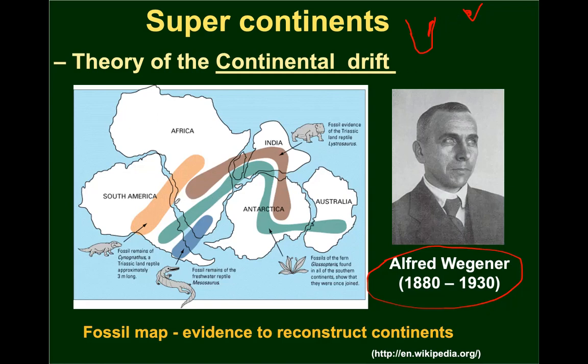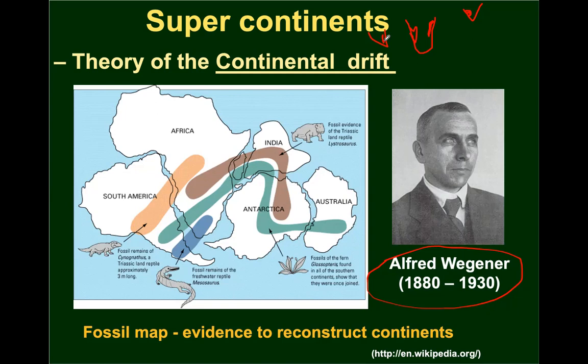And similar situations were there in the western part of Africa and the eastern part of South America, right? So he was studying more and more about this similar distribution of the same type of materials with respect to life.